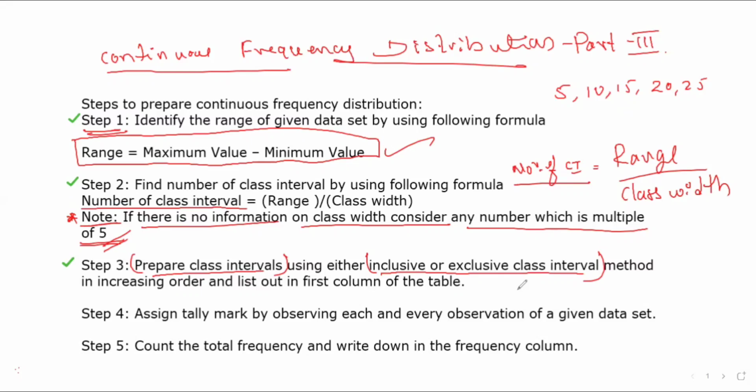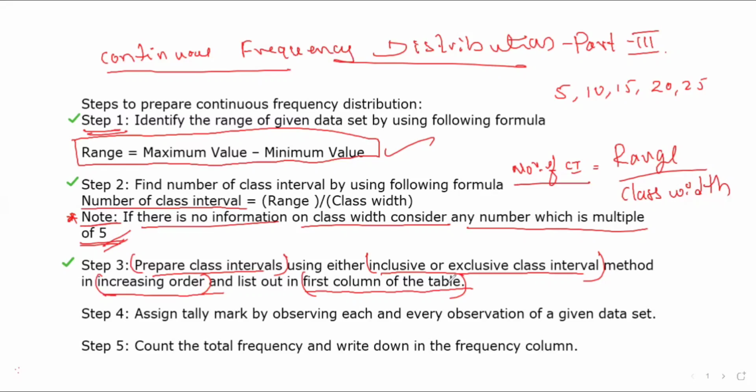Don't go for open-end class intervals and all, but here you need to go for either the inclusive or exclusive method, and you need to arrange the class intervals in increasing order of magnitude and list them out in the first column of the table, right?